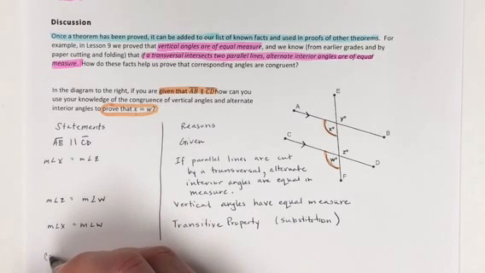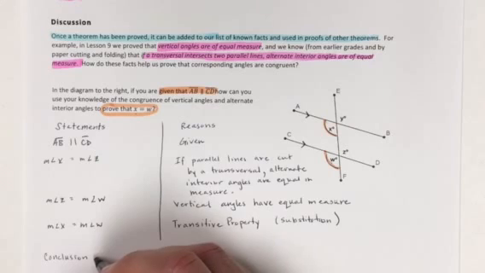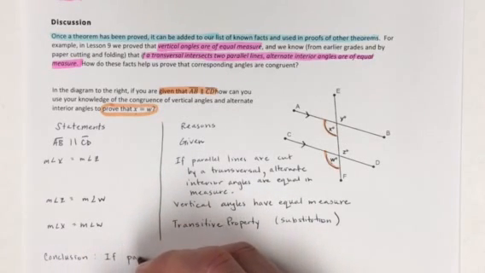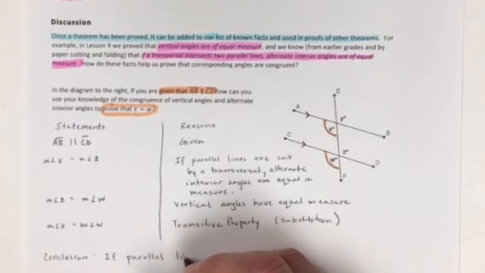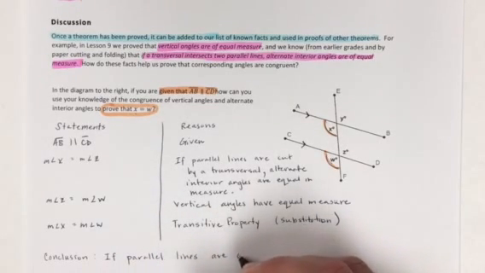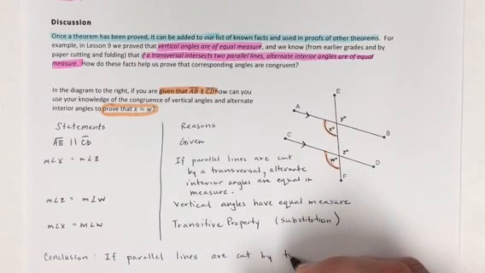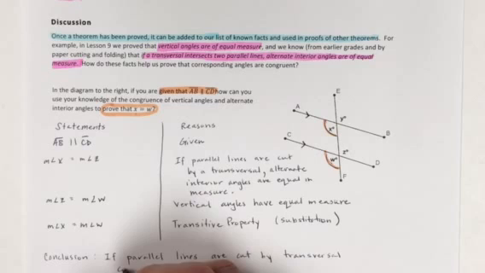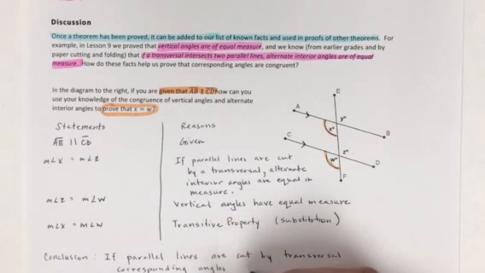So your conclusion, now we can use this going forward: if parallel lines are cut by a transversal, corresponding angles are equal in measure.